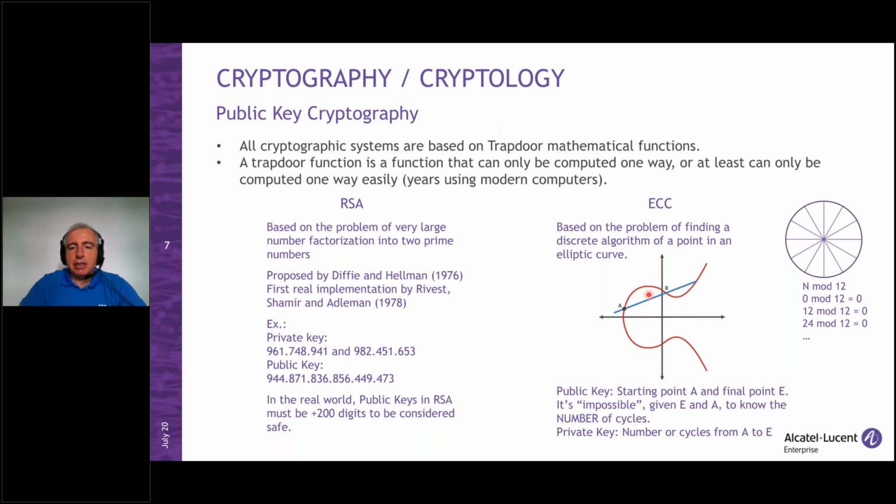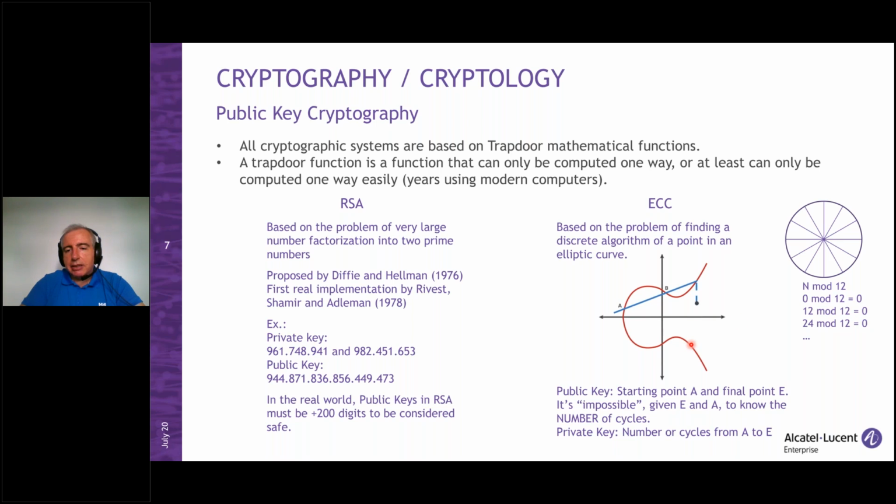So here, for instance, this is one of these functions. This is the elliptic curve, and the way it works is that we start, for instance, with point A, and then draw a line, and we see point B, and we get this point here. And from this point here, we rotate to the other part of the x-axis. You see this is symmetric from the x-axis, and then go here.